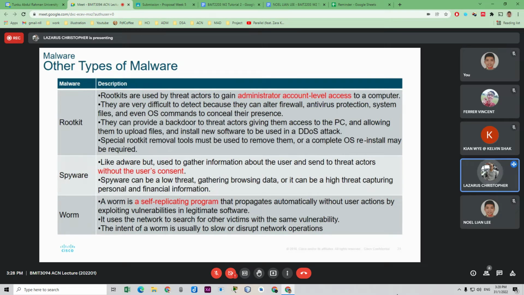And then they will sometimes create a backdoor, so that using this backdoor, the threat actor can connect to your PC remotely, maybe even take control of your PC.